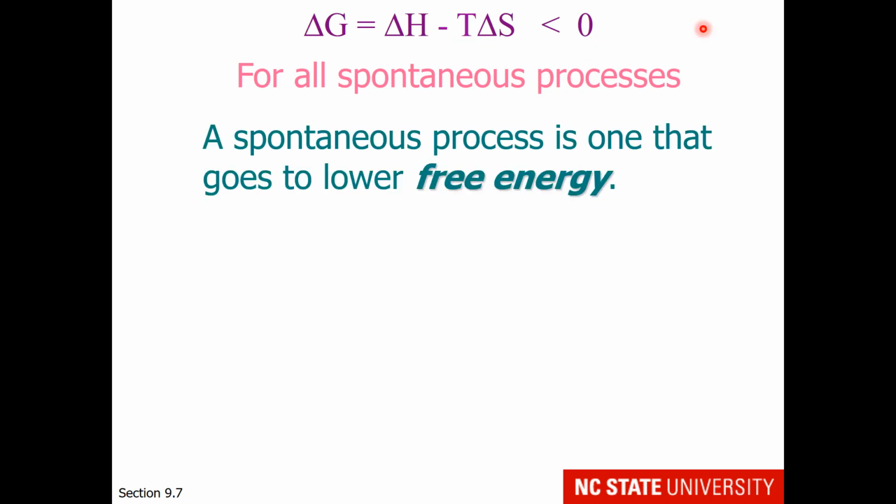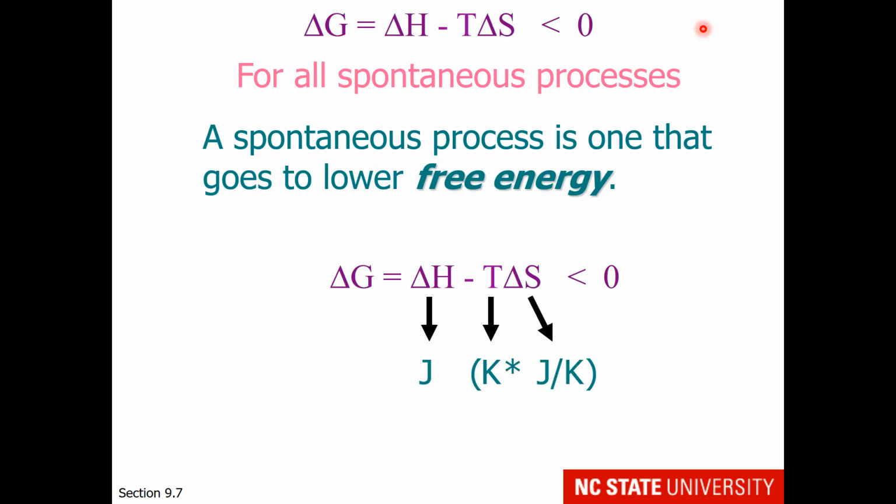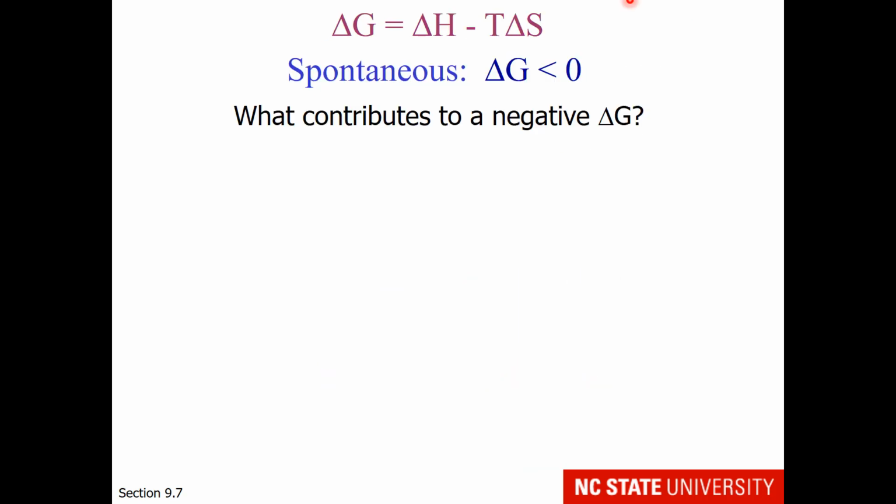Spontaneous processes are ones that go to lower free energy, which means that the sum of these two is negative. Enthalpy change can be in joules or kilojoules. The temperature must be in Kelvin, and entropy change is typically in units of joules per Kelvin. So you can see that the units of delta G are energy units, joules.